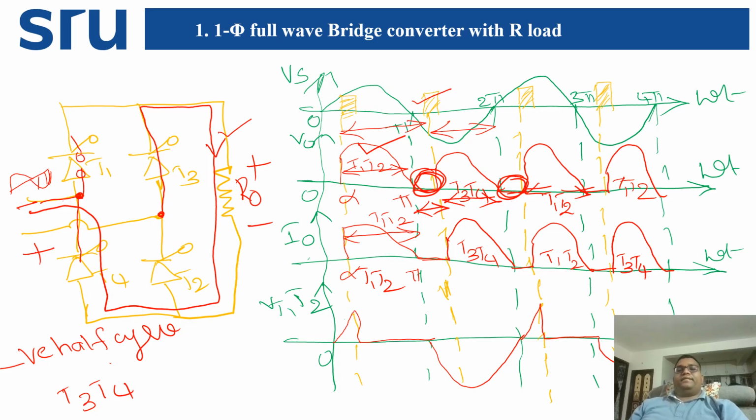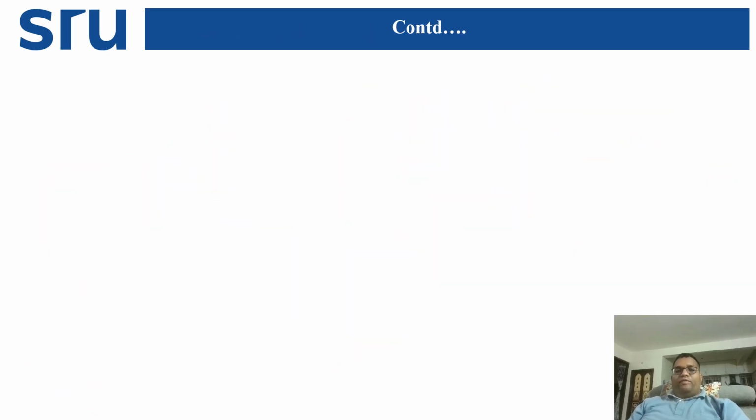Then, as I mentioned previously, how will we calculate the average output voltage here? The average output voltage is V naught average. The complete repetition comes at 180 degrees, that is the reason: 1 by pi integration alpha to pi Vs dt.